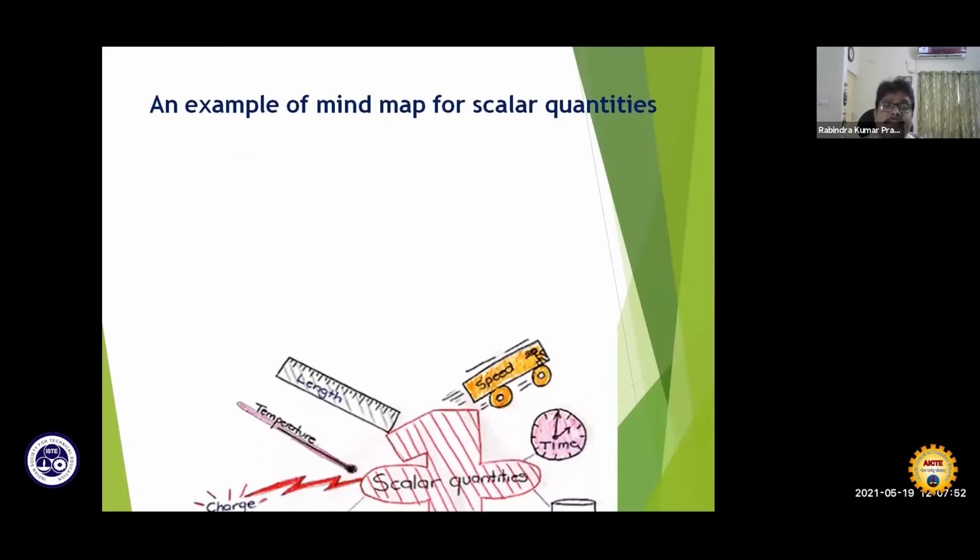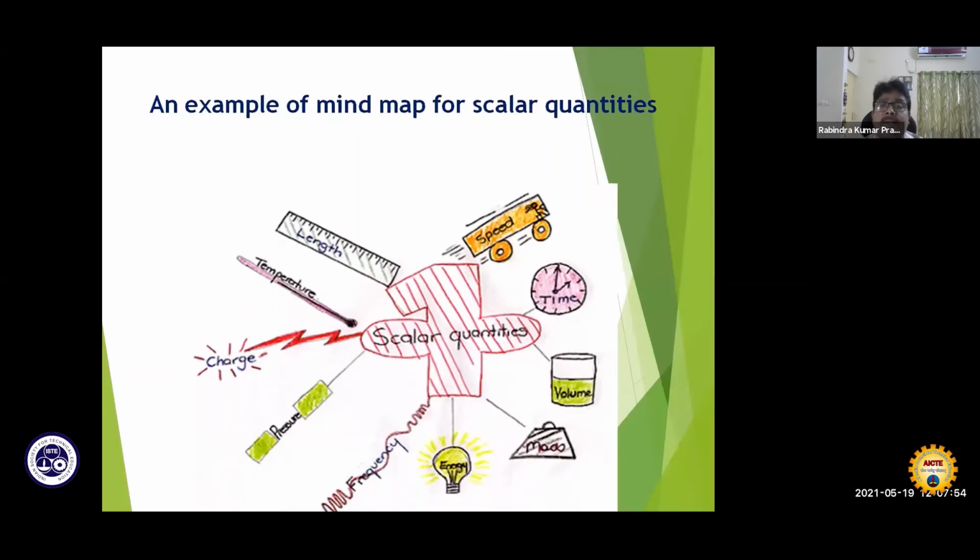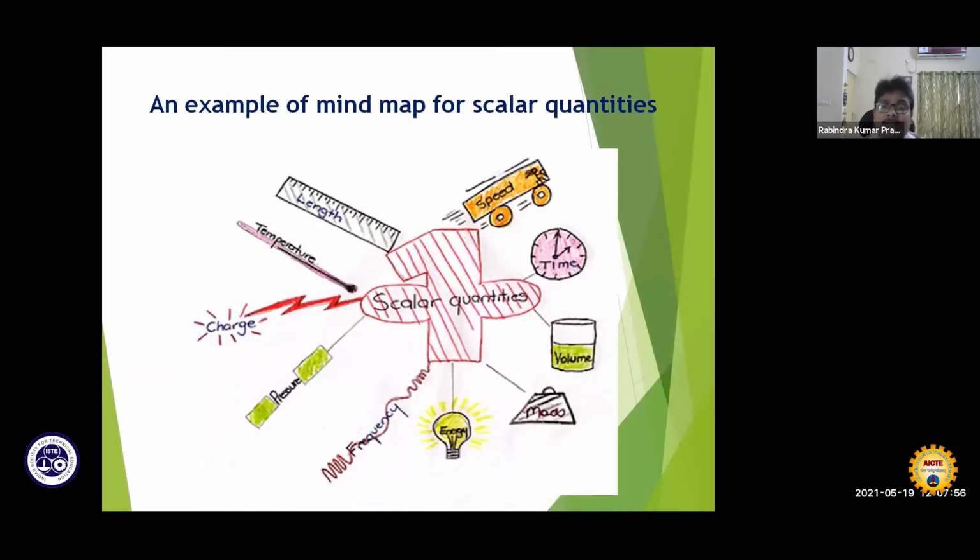So this is an example of the mind map for the scalar quantities. If you look at the other branches, you have the sum of the parts assimilated into understanding the scalar quantities.